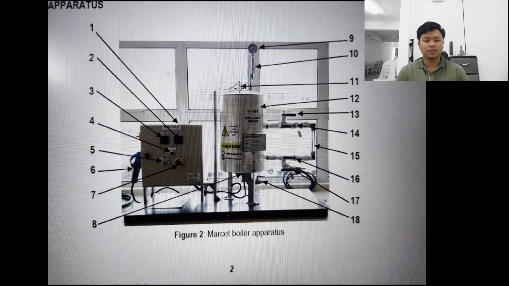Number 7, emergency switch. Number 8, heater. Number 9, steam pressure gauge. Number 10, steam pressure transmitter. Number 11, steam temperature transmitter. Number 12, boiler tank.